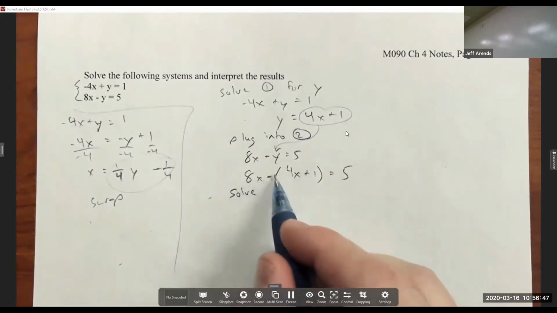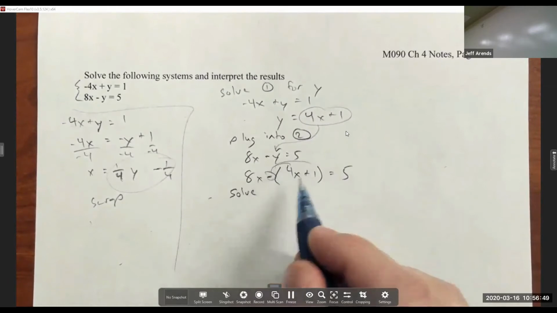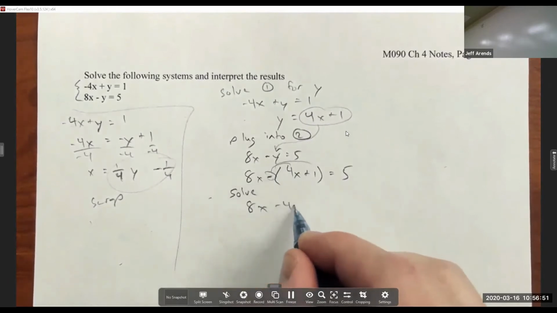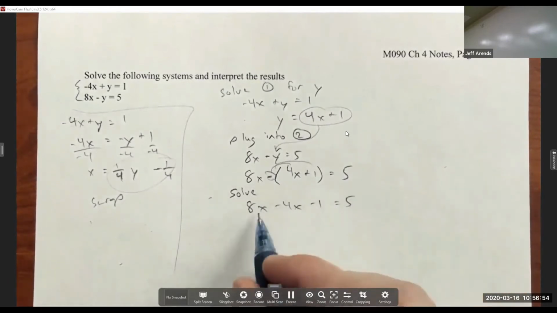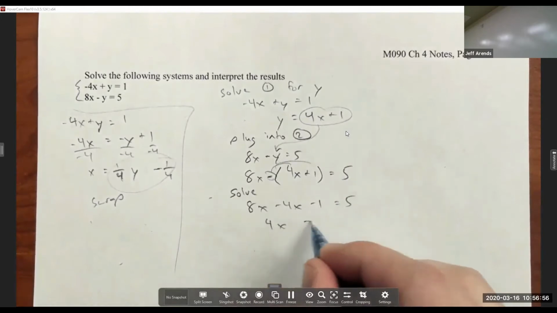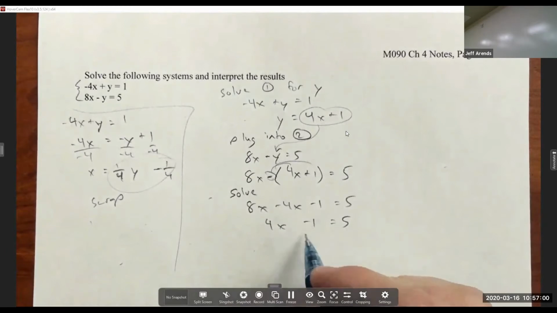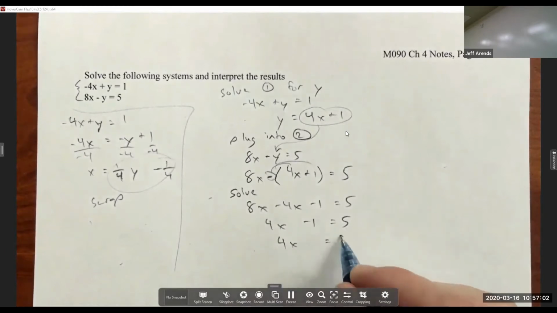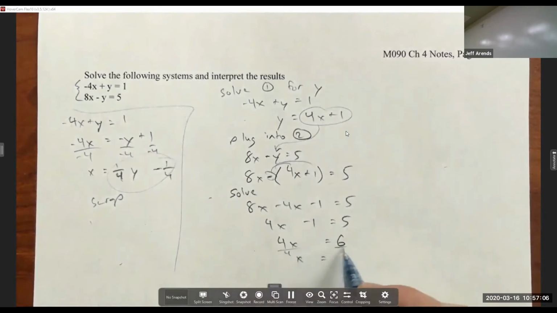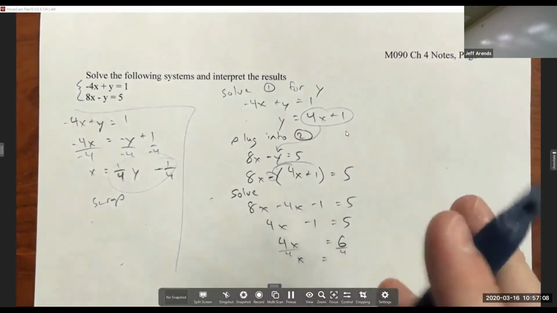I distribute my -1 through the parentheses, giving me 8x minus 4x minus 1 equals 5. Combine like terms, I get 4x minus 1 equals 5. Add 1 to both sides, I get 4x equals 6. When I divide both sides by 4, x equals 3/2.